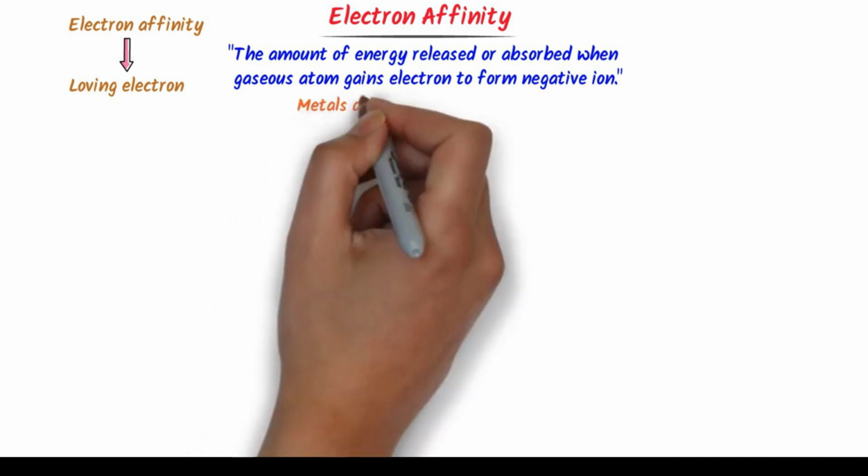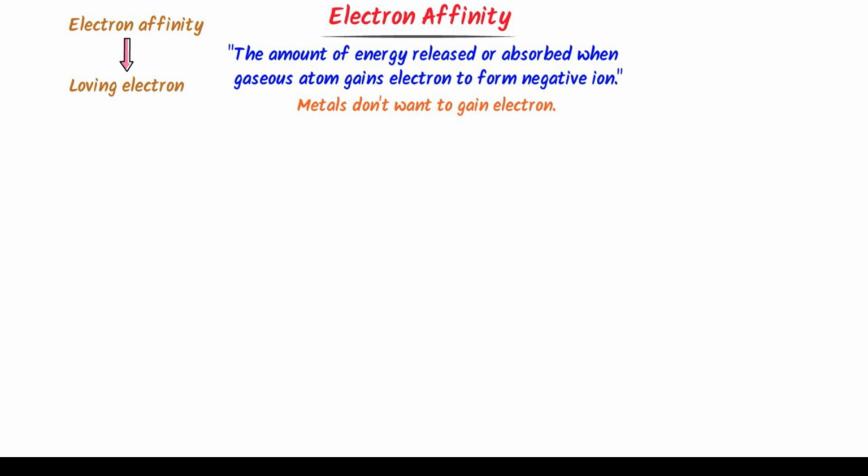We know that metals do not want to gain electrons. That's why metals like sodium, magnesium, calcium lose electrons, while non-metals love to gain electrons. That's why non-metals like chlorine and oxygen always gain electrons.